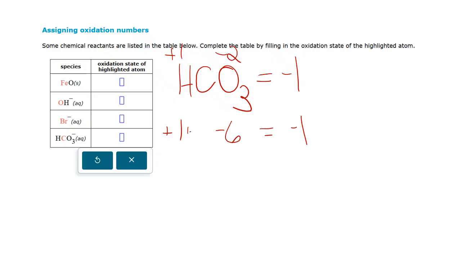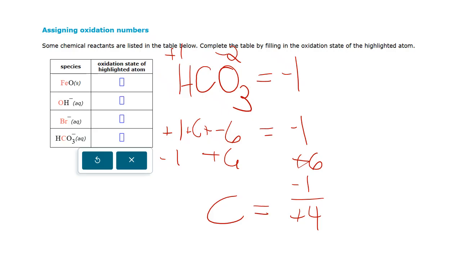And then carbon is going to be whatever that number is. I don't know what your teacher would say if you'd solve one side. You add 6 to both sides, and then subtract 1. So this is going to end up being a +4. So carbon equals a +4 here.